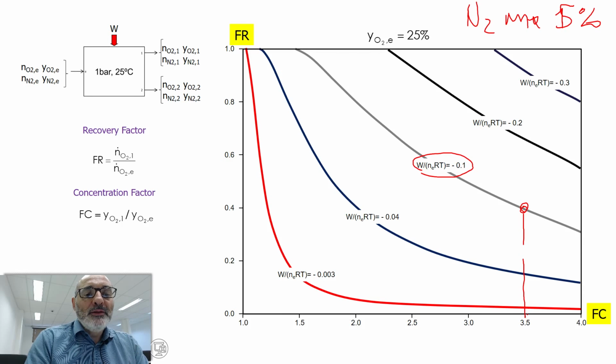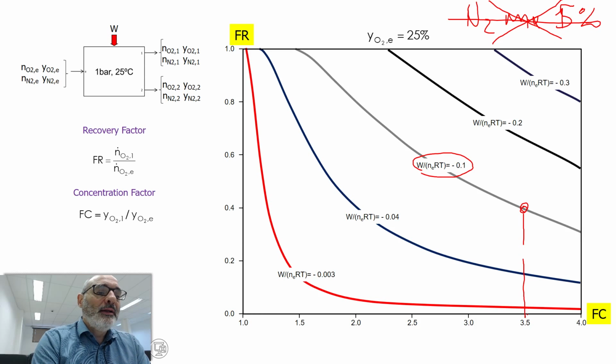But if the amount of nitrogen is not fixed, but there's an interval, nitrogen can vary between 0 and 10%.